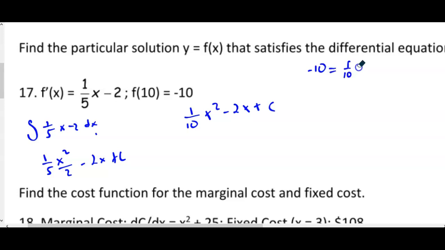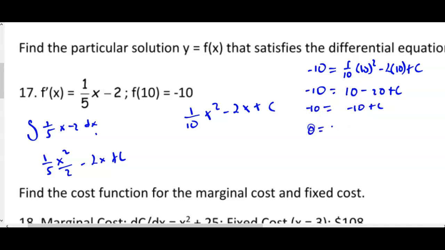So 1/10 times 10 squared minus 2 times 10 plus C. Remember with particular solutions, we got to find C. So this is 100. 100 times a tenth is 10, minus 20, and it equals -10. 10 minus 20 is -10. So if you add 10 this way, you get 0. So C is 0, okay?